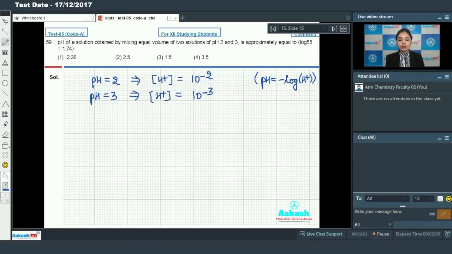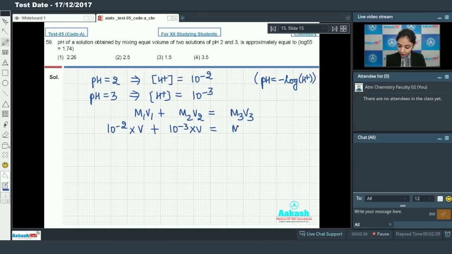Now these two solutions are mixed and you have to find out the new concentration of H plus ion. So you can use the equation M1V1 plus M2V2 equal to M3V3. For the first solution the concentration is 10 raised to the power minus 2 into V plus 10 raised to the power minus 3 into V, and the final concentration you have to find out, and the final volume is 2V.